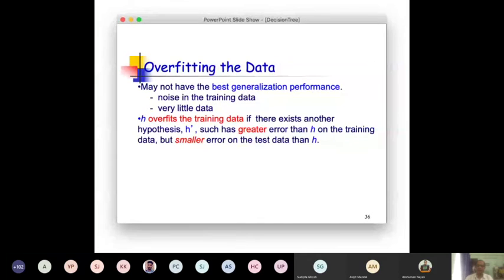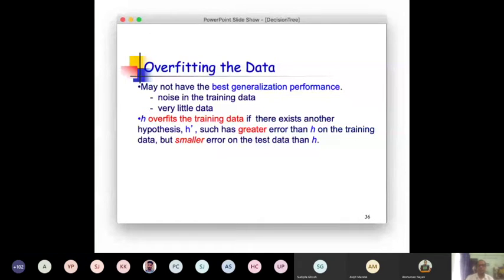Overfitting noisy data has a very significant effect. That means you will get very low generalization accuracy, or higher generalization error. Already we defined what is meant by overfitting in this context. Suppose you have a hypothesis H, and another hypothesis H prime.